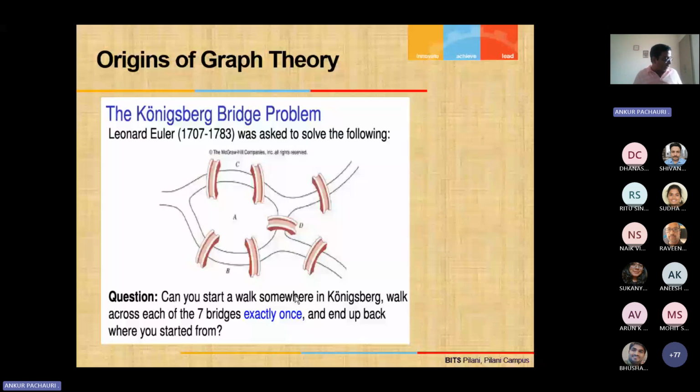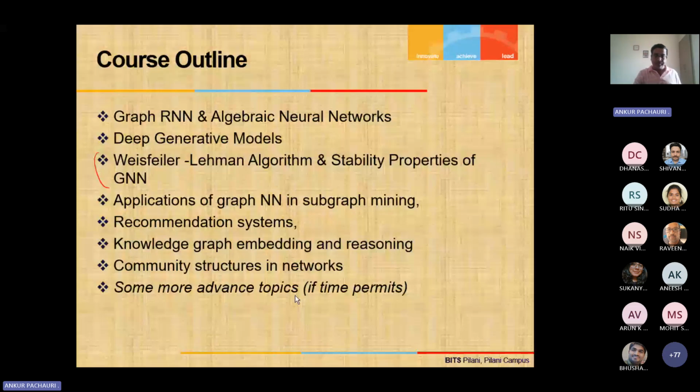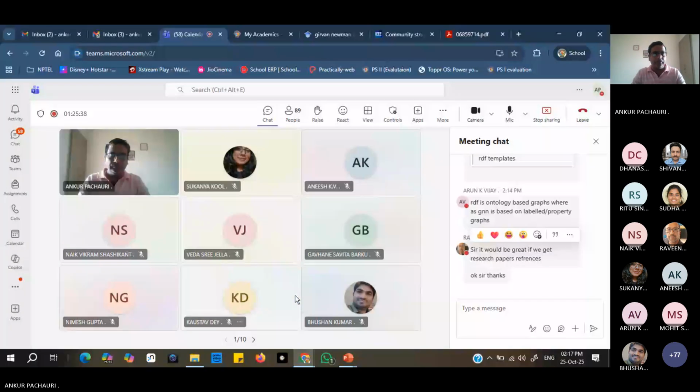But the covering of topics will not be at the cost of your learning. If you're not able to grasp certain material, then just for the sake of completeness, I'm not going to cover it. We can skip it. Hardly 2 sections, so that can be managed. Good. Should we continue?